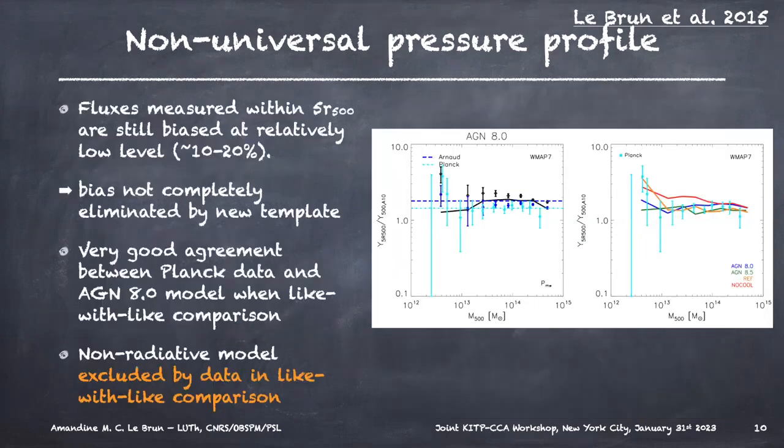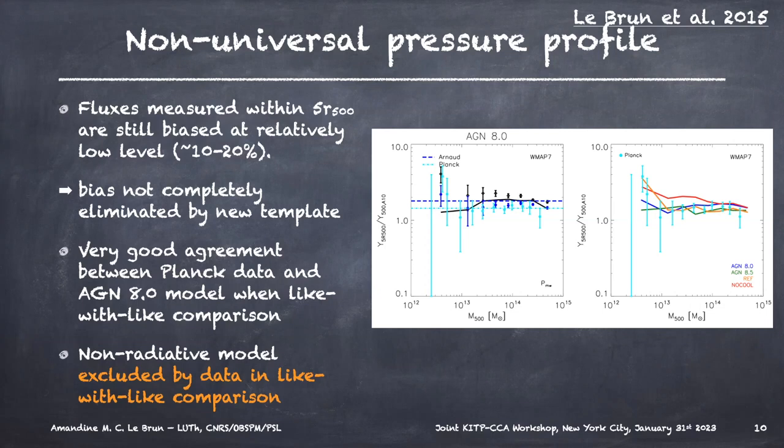So what if we were to look directly at what Planck measures? That's what we did here. And what you find is that you still have a small level of bias, but by not using this conversion factor and improving the shape of the spatial profile in the filter, you manage to make it relatively low.